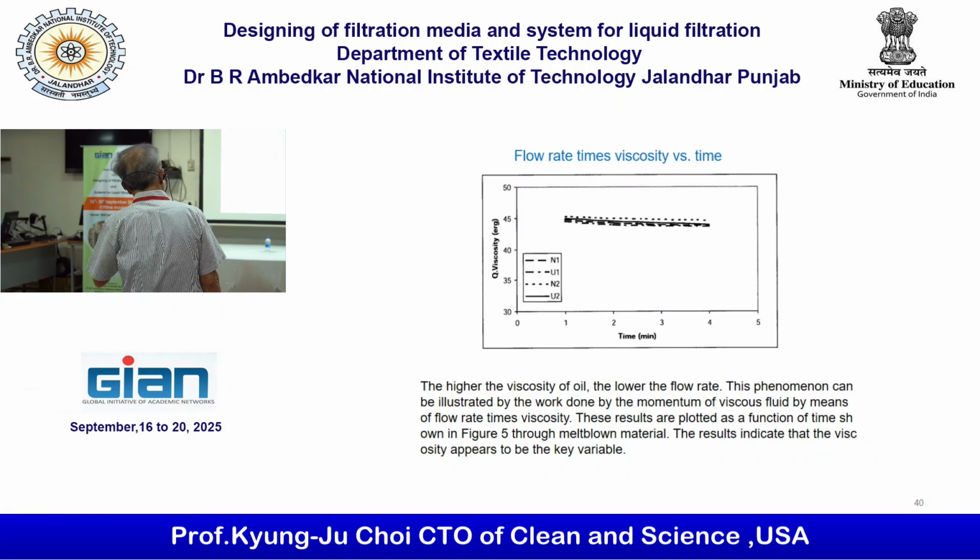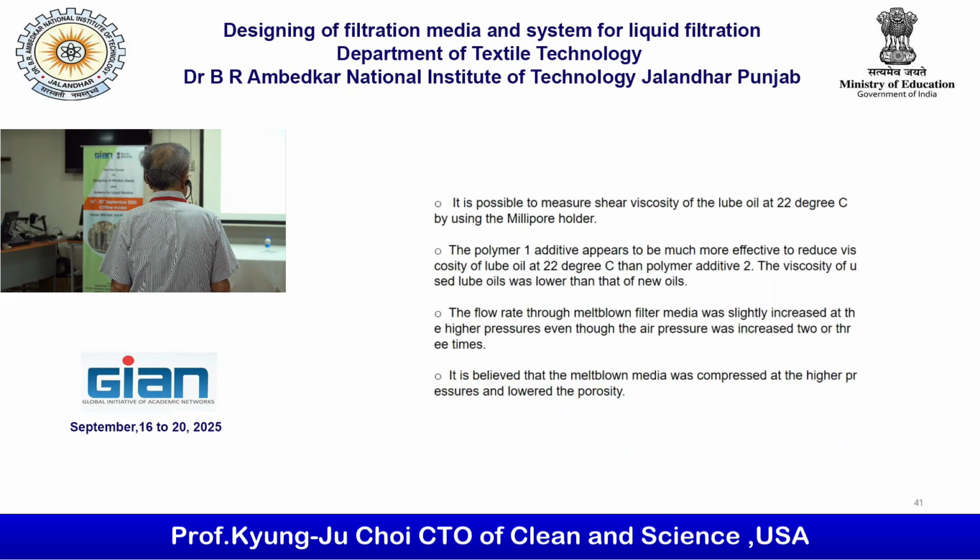So it's possible to measure shear viscosity of lube oil using millipore pressure holder. Polymer 1 additive appear to be much more effective to reduce the viscosity than polymer 2. Flow rate through the melt-blown filter media was slightly increased at the higher pressure, even though the air pressure was increased 2 or 3 times.